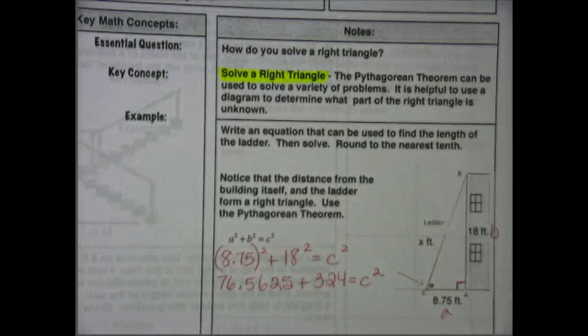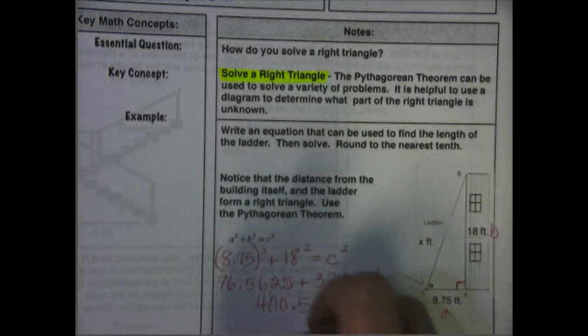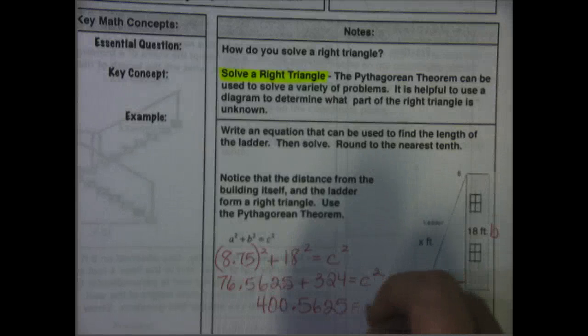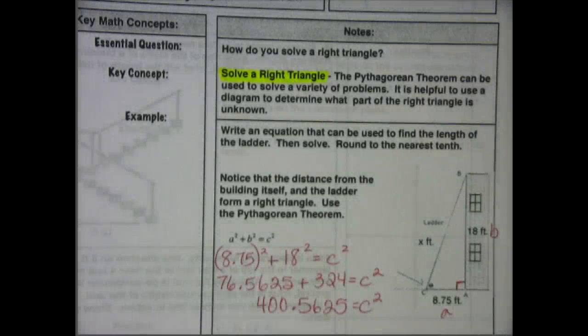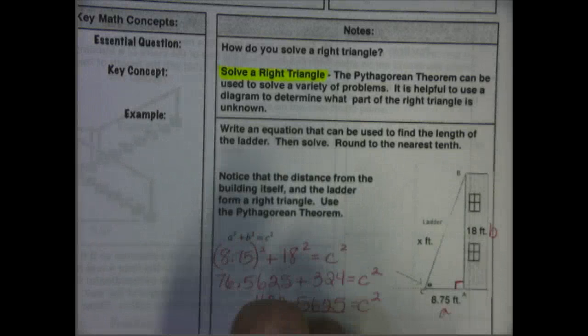And then 324 plus 76.5625 equals 400.5625 equals c squared.